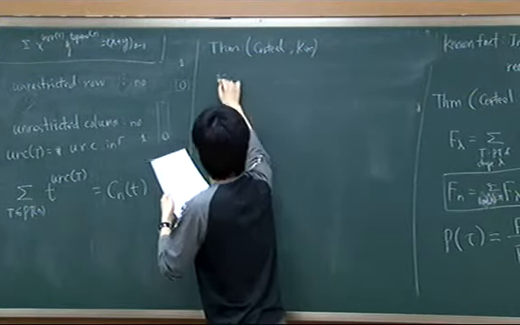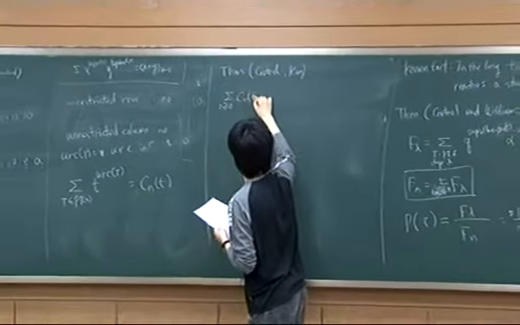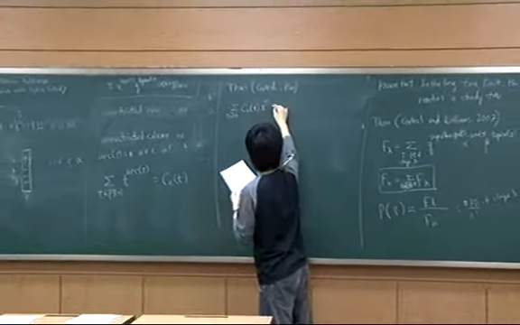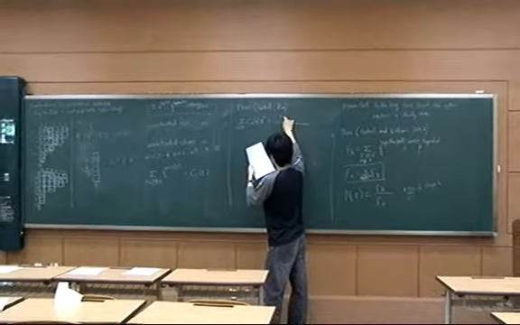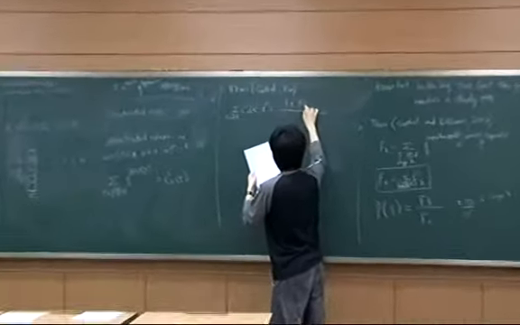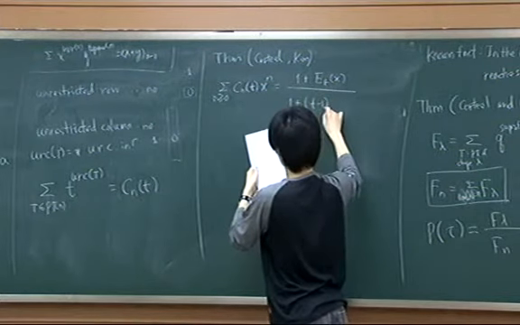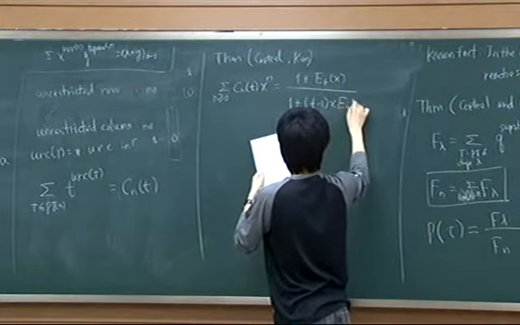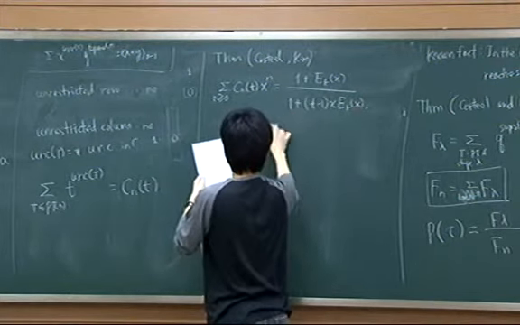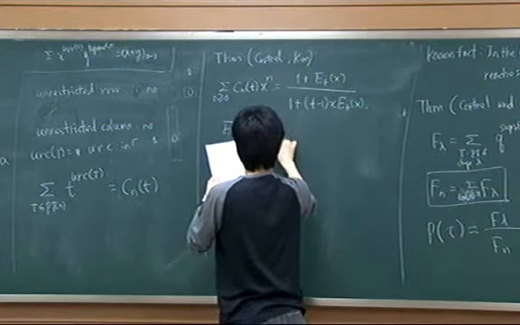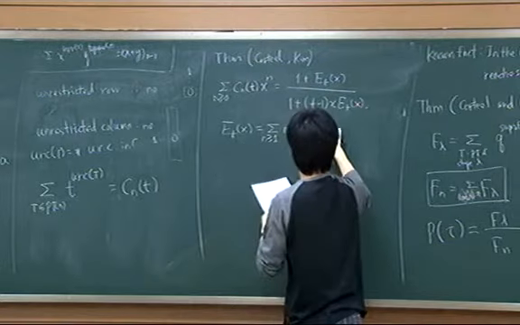we in fact computed the generating function for this quantity. The sum of C_n(T) x to the n is 1 plus e_t(x) over 1 plus (t minus 1) x times e_t(x), where e_t(x) is the sum of x to the n over t rising factorial n.